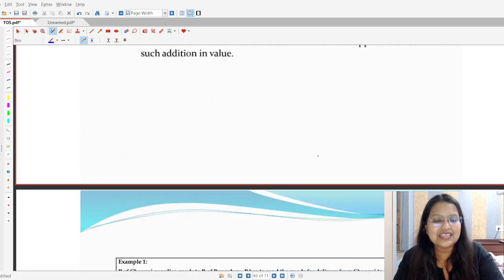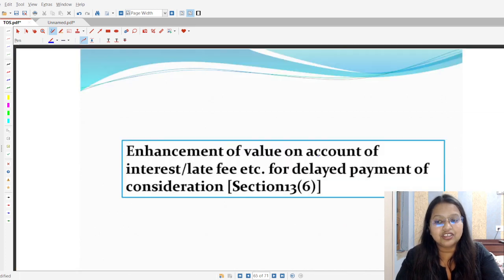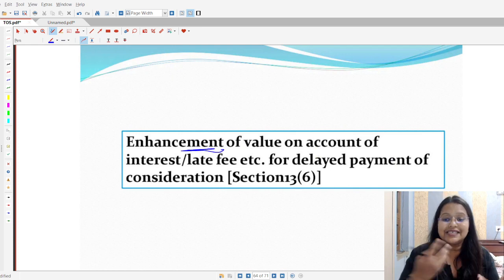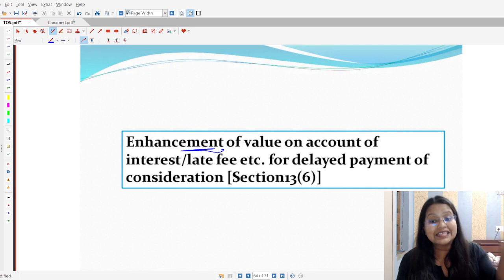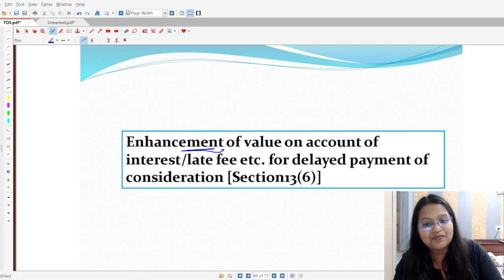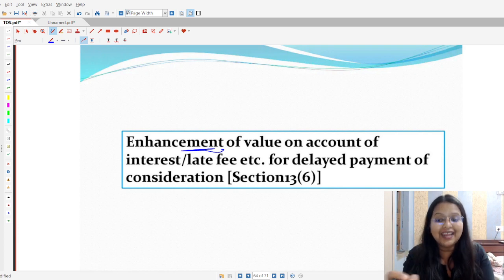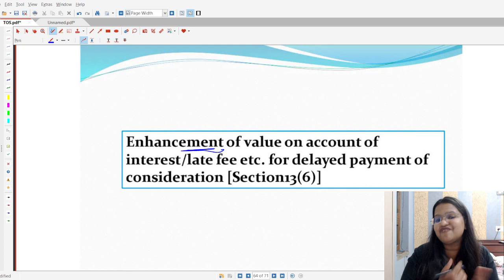That is, students, if the person is receiving some payment in the case of enhancement of value on account of interest, late fee, penalty, etc., but that is due to delay in payment of consideration, then as per subsection 6 of section 13, the time of supply shall be the actual date on which the payment has been received by the supplier.